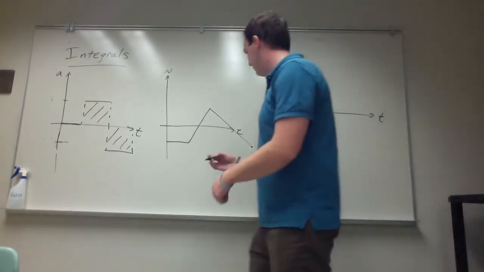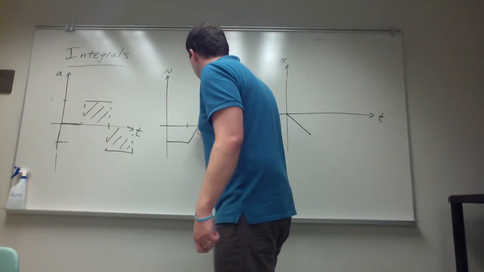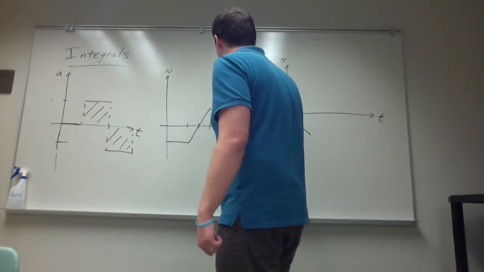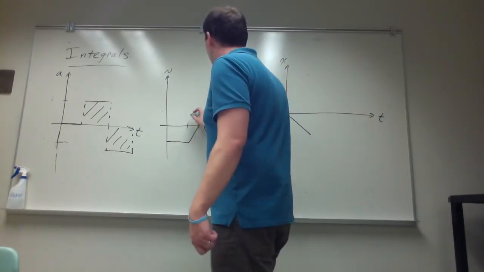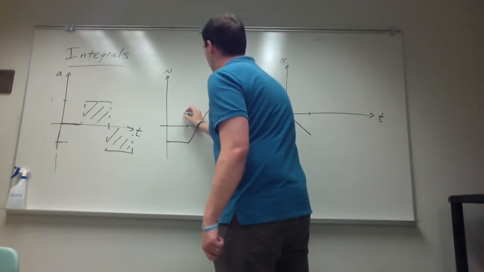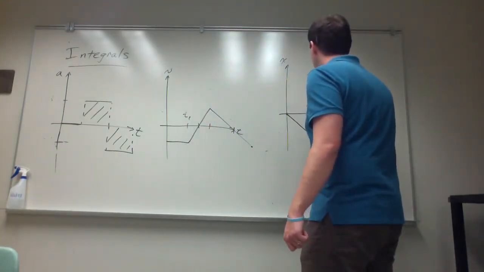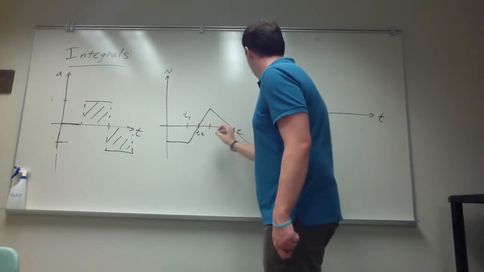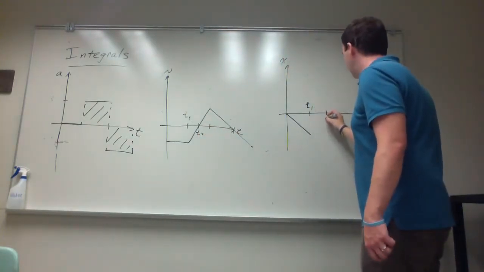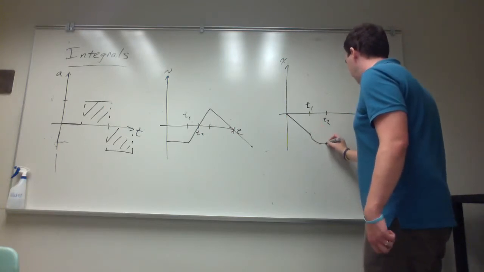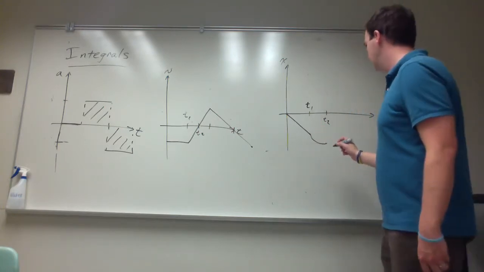So I'm going to mark these special points. If we call this T1, here's T1 on there. We don't turn around until we reach T2. So here I'm drawing the bottom of a parabola.